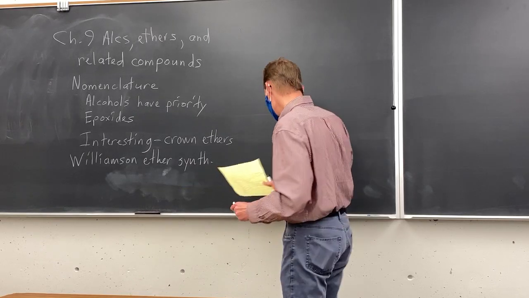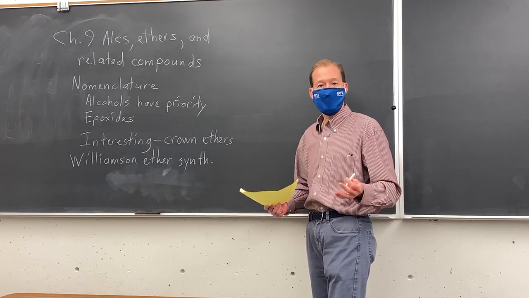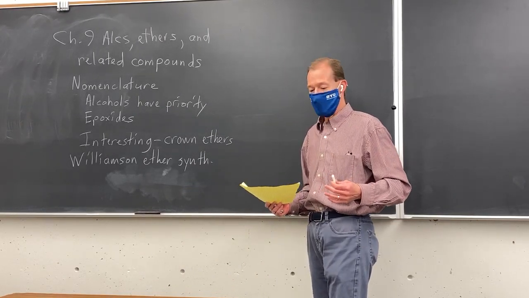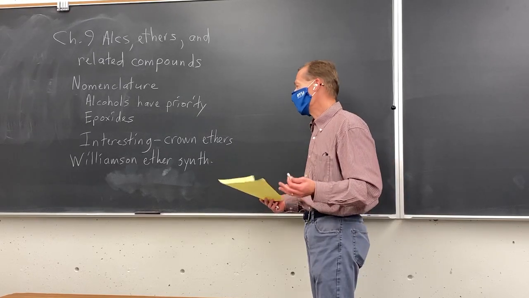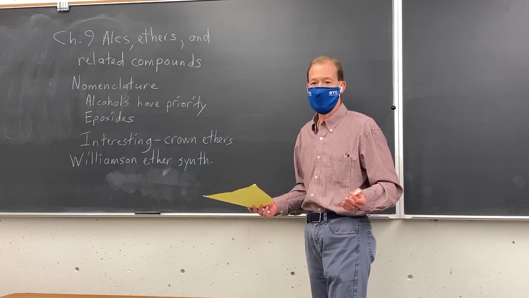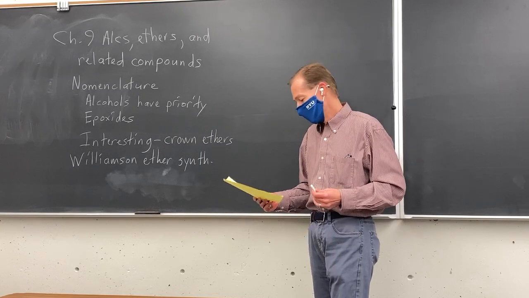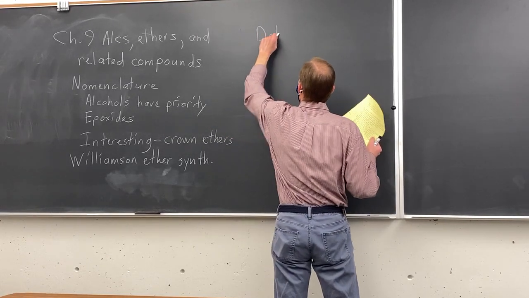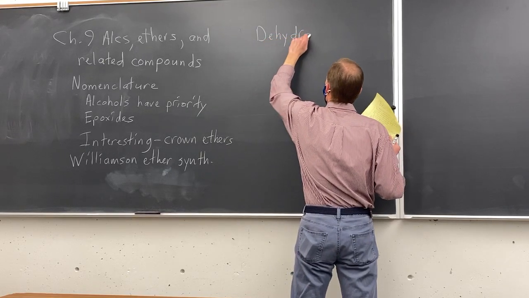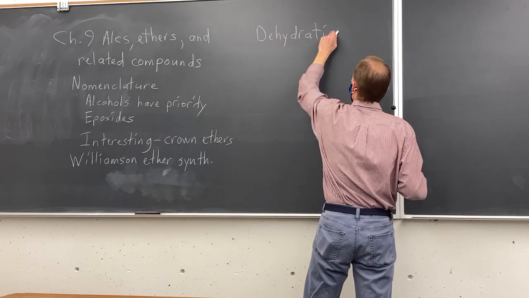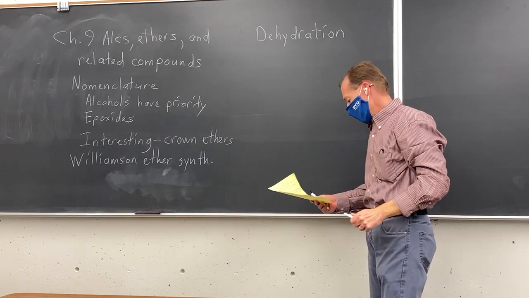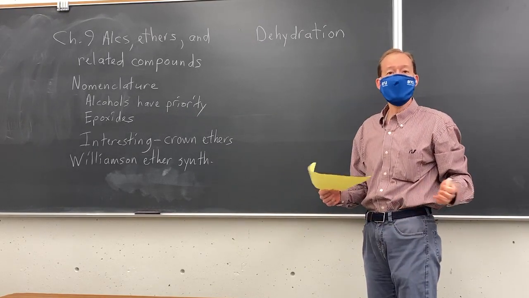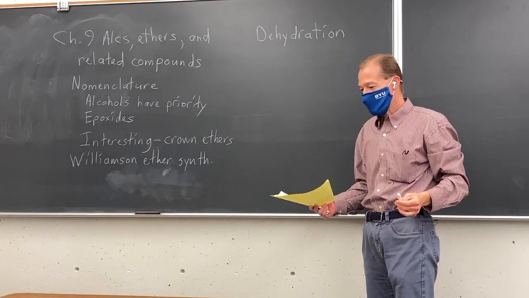So then the remainder of the chapter was spent discussing the reactions that these types of compounds undergo. And as you know, there's several of those reactions. The first one we had was dehydration. And then there's two methods of dehydration.